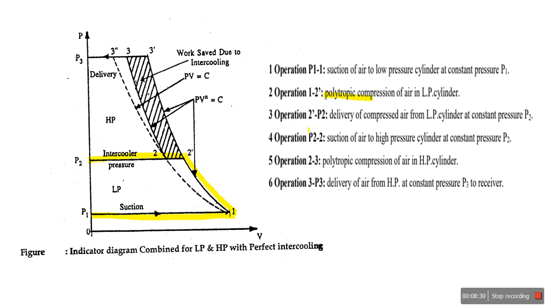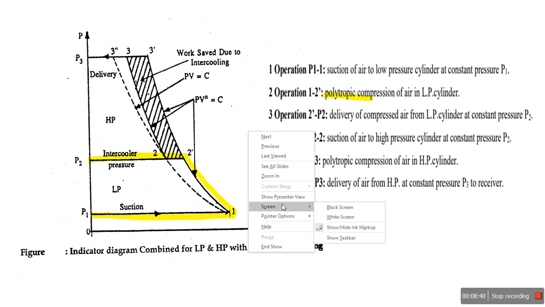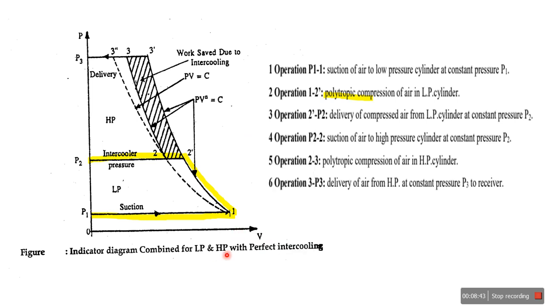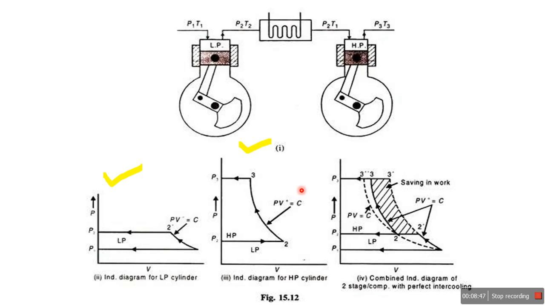Now this operation is very important. 2 dash to P2 is delivery of compressed air from the low pressure cylinder at constant pressure P2. You see, this is the low pressure cylinder working here.